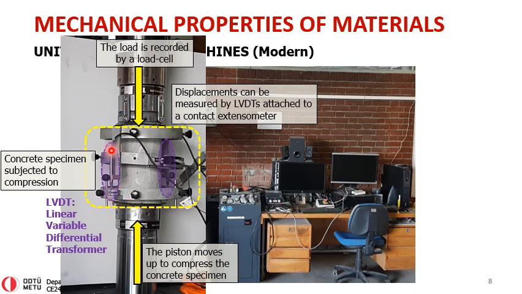The LVDT is an electronic instrument called a linear variable differential transformer. So as this material deforms, using the concepts of electricity, we can measure the displacement of this rebar through this LVDT.